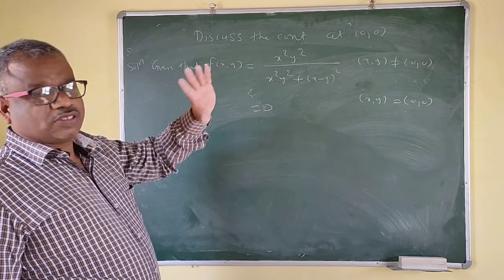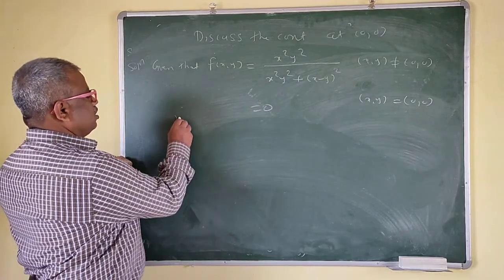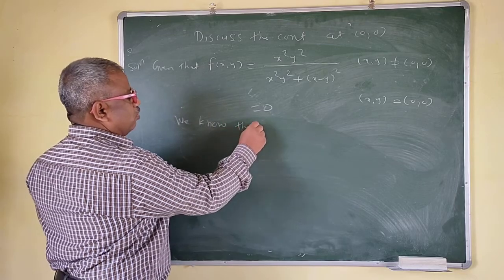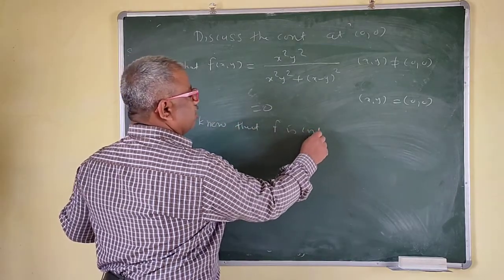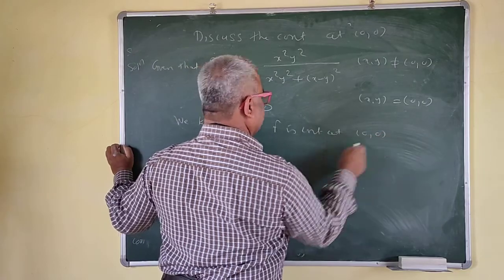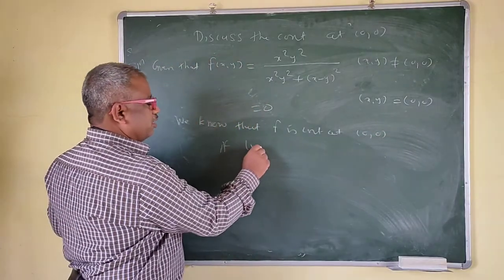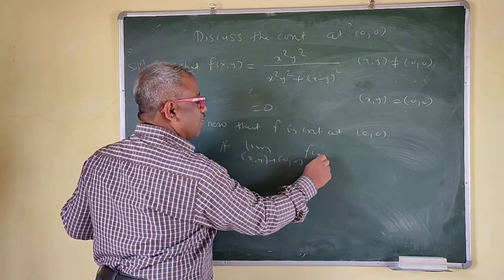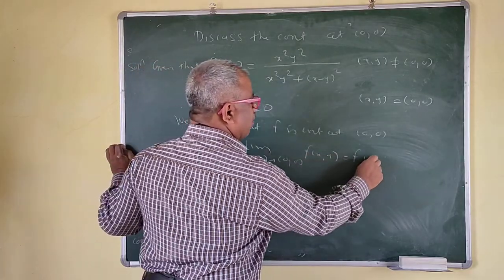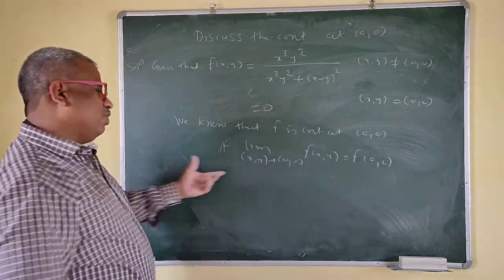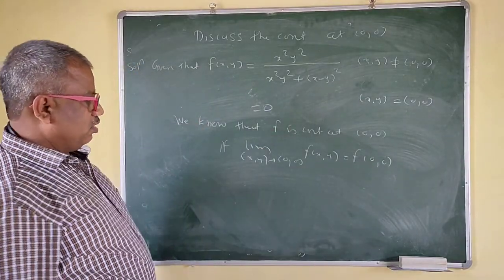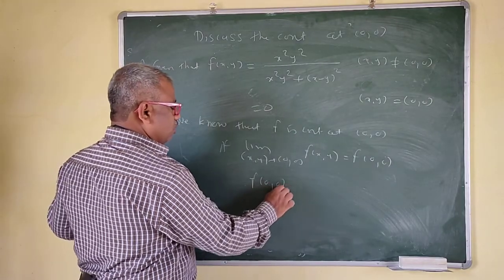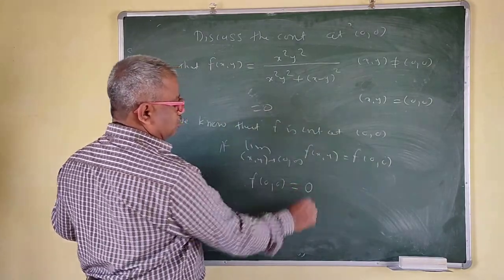When we say the function is continuous, we know that f is continuous at 0, 0 if limit xy tends to 0, 0 f of xy is equal to f of 0, 0. Once again we'll check whether these are same or not. F of 0, 0 is given, this is 0.